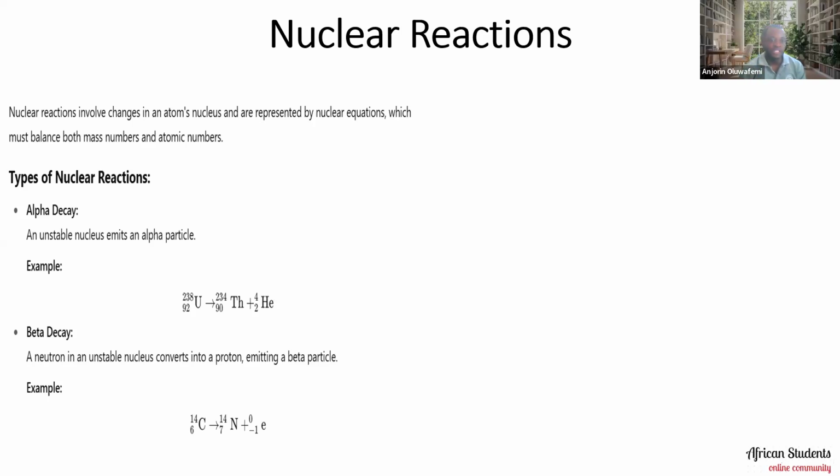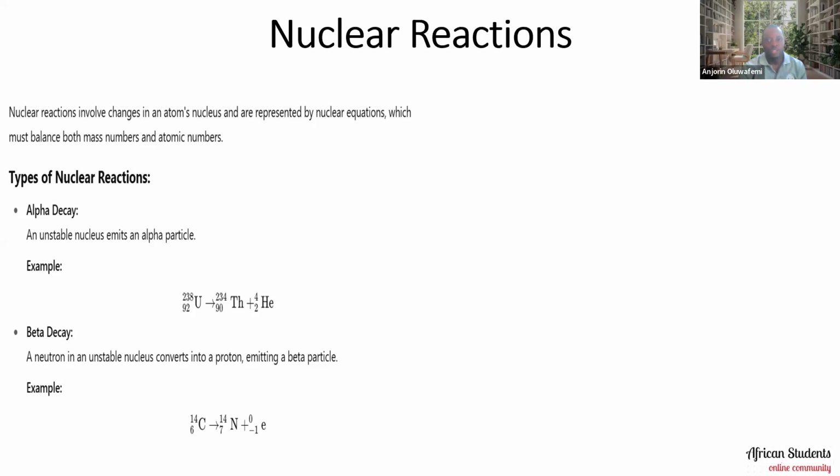What about if there's a beta decay? A neutron in an unstable nucleus converts into a proton and emits a beta particle. Take for instance carbon-14 transitioning to become nitrogen-14. That's carbon-14 with a mass number of 14 and an atomic number of 6, and then nitrogen having a mass number of 14 and an atomic number of 7.